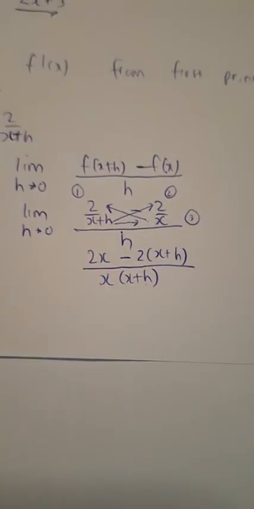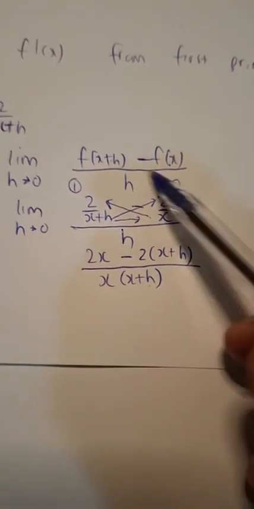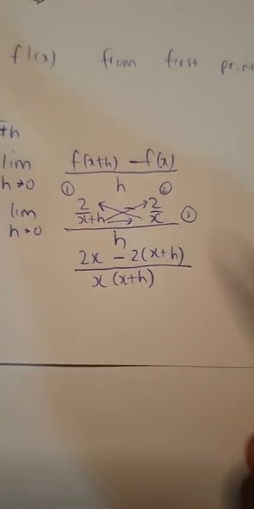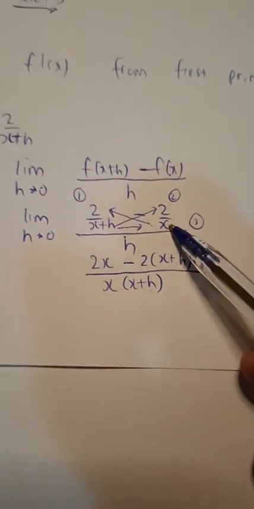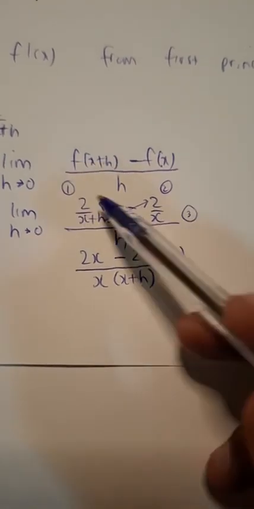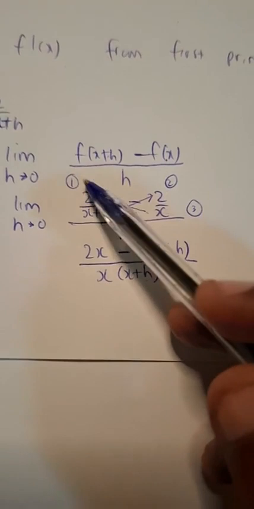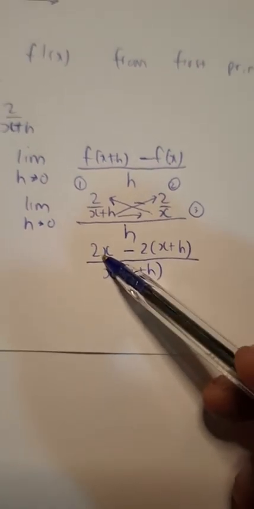I'm going to explain it one more time. Whenever you have two fractions you are adding or subtracting, and the denominators are not the same, you take this denominator, you multiply that numerator. That's your first step. 2 times x is 2x. Simple, right?